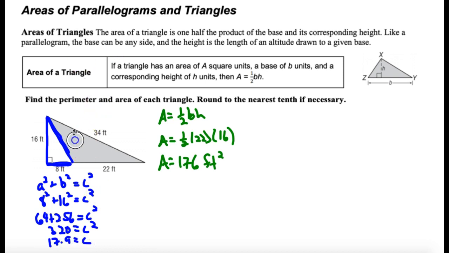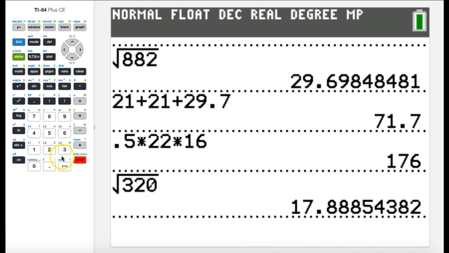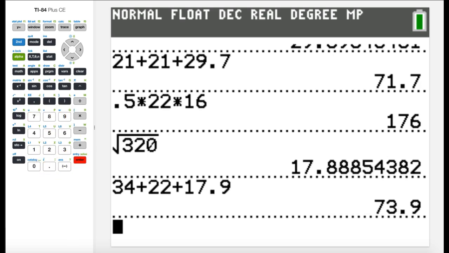Then we have all the information we need to find the perimeter. Remember, we're finding the perimeter of this shaded triangle. The three sides of this shaded triangle are 34, 22, and 17.9. If I add all those together, we get 73.9.